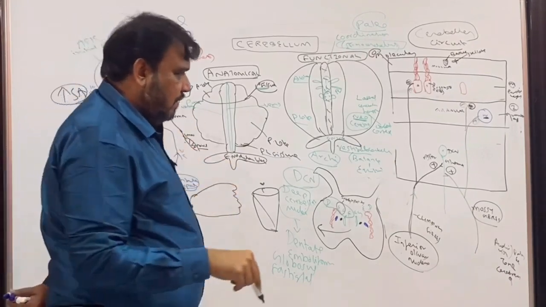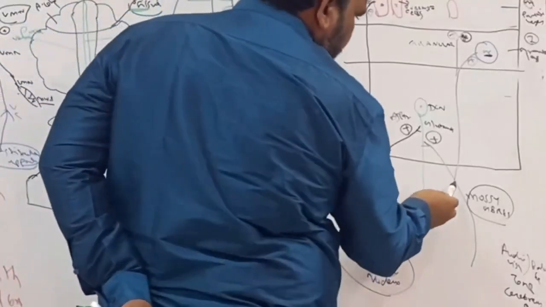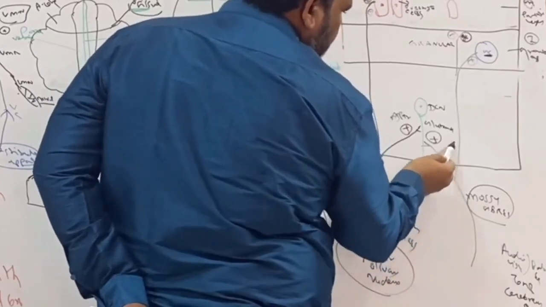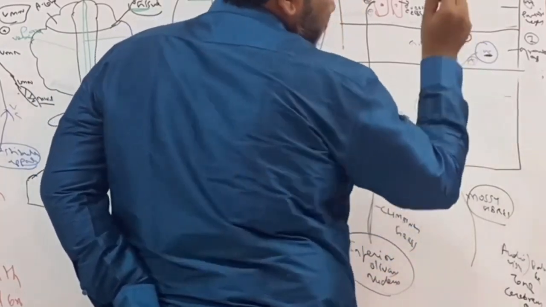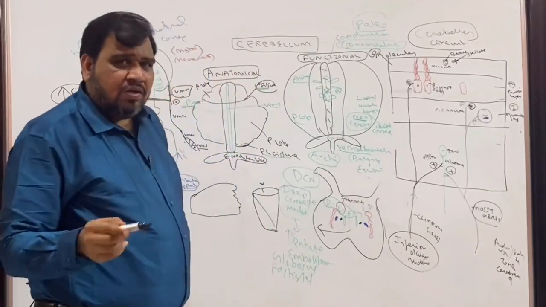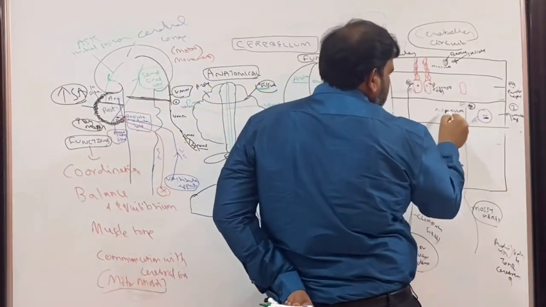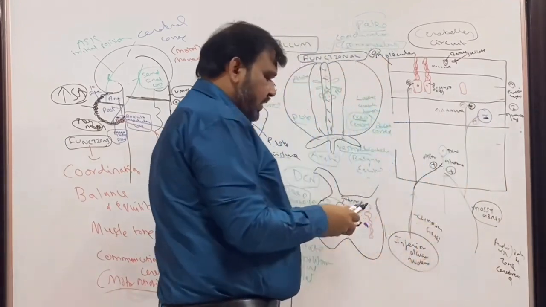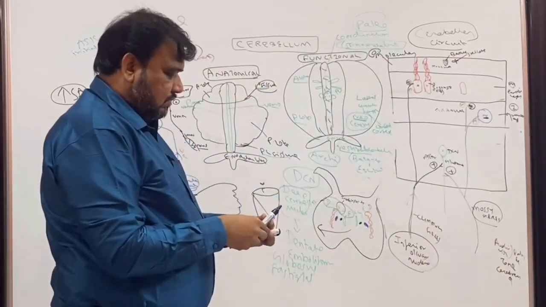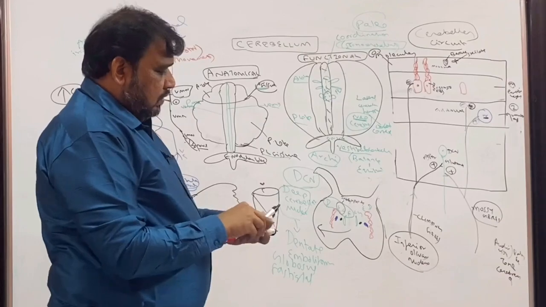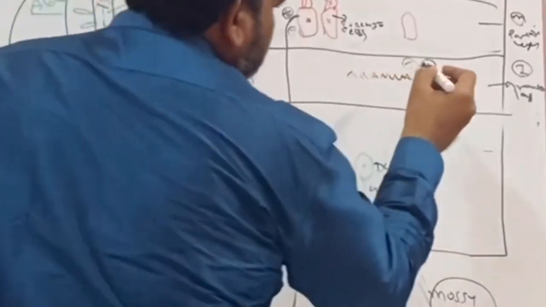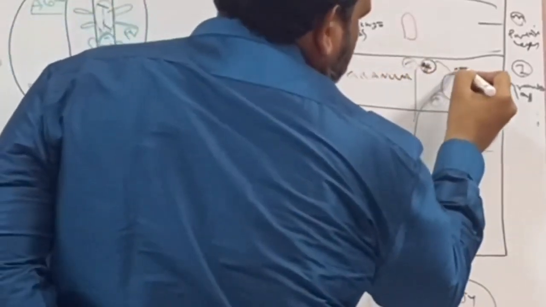Now coming to the mossy fiber, what happens? The mossy fiber stimulates the granule cell, GC, and the mossy fiber also stimulates the Golgi cell. They both are present in the granular layer. Now again concentrate. What this Golgi cell usually does is inhibit.